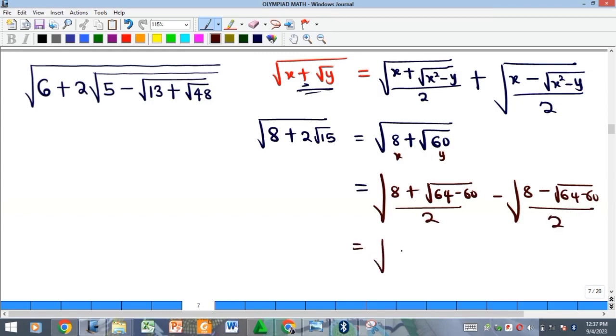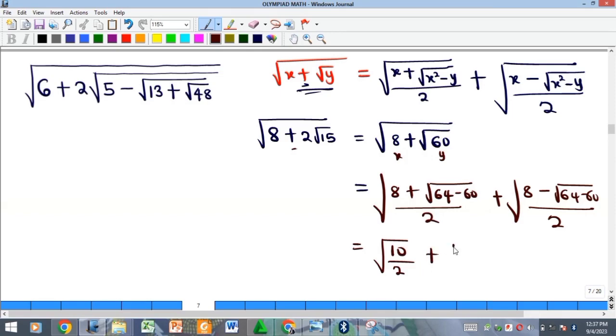So you see what will happen. We will then have the square root of 64 minus 60 is 4, and the square root of 4 is, sorry, is 2. 2 plus 8 will give us 10. 10 all over 2, and sorry, in this case it's actually plus, because what we have here is addition. Sorry, it's not minus.